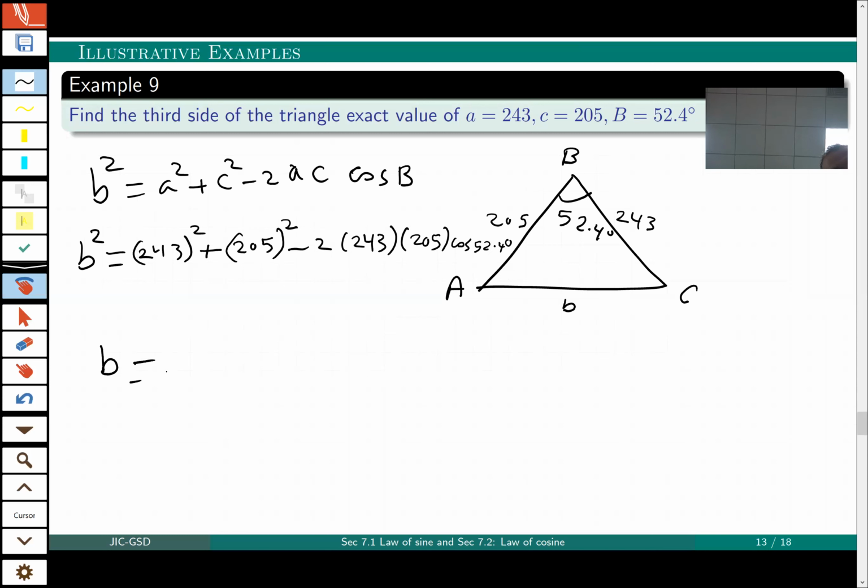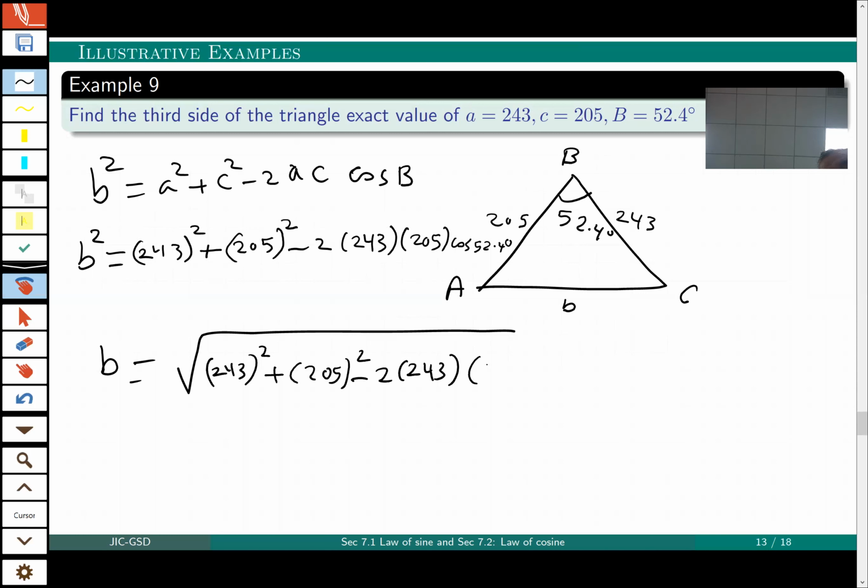So for B, again, we don't have any calculator, we'll just write it: 243 squared plus 205 squared minus 2 times 243 times 205 cosine the angle 52.4 degrees.